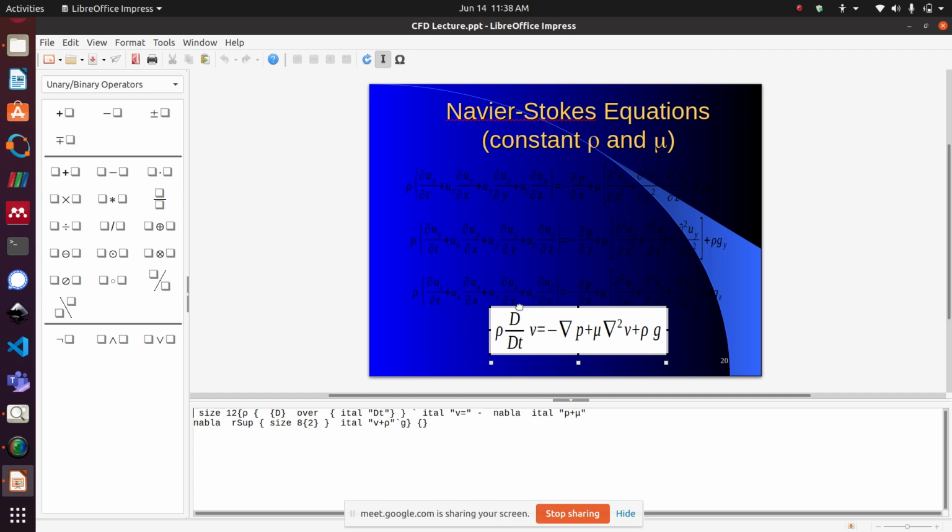You can see that this derivative is not the small letter d. The capital letter D represents the total derivative, meaning there is a temporal component and a spatial component. So there will be temporal acceleration and spatial acceleration, or convective acceleration. These accelerations are caused by different types of forces.